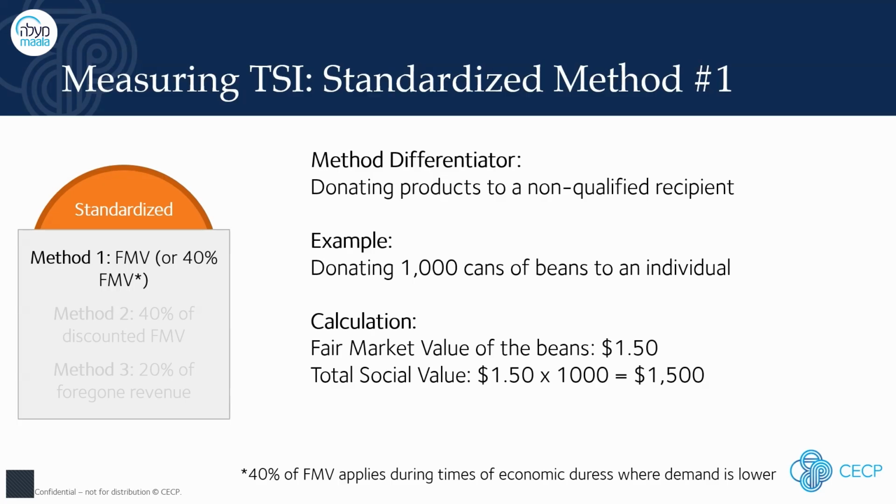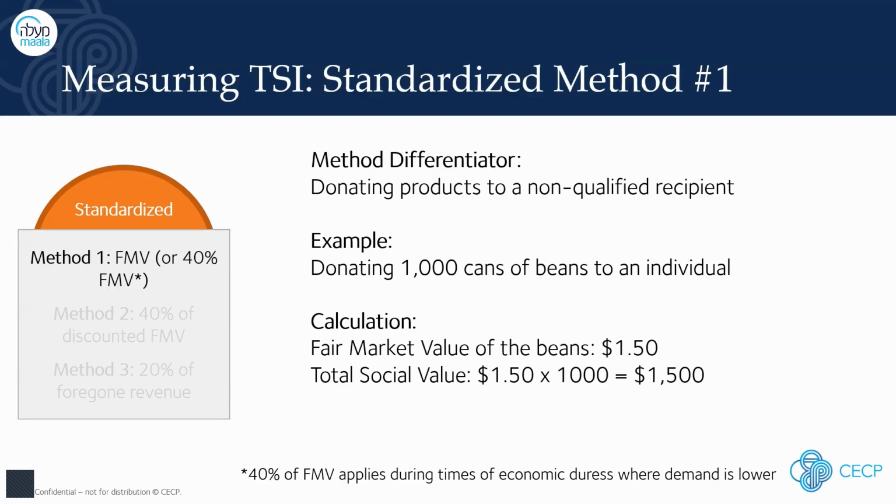What you would do is take the fair market value of those beans, which I've set as $1.50, and the total social value of that donation is $1.50 times 1,000 cans of beans. Your total social value will be $1,500.